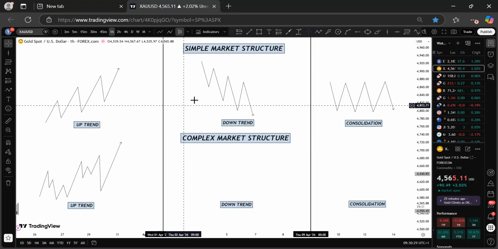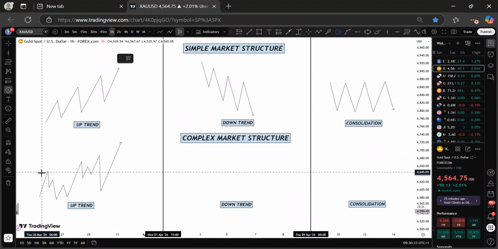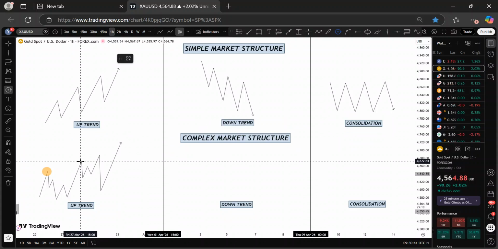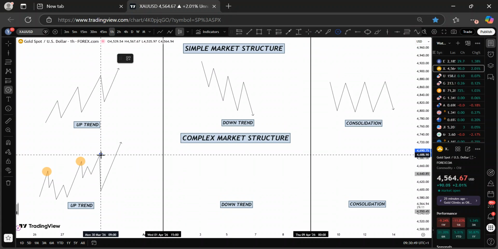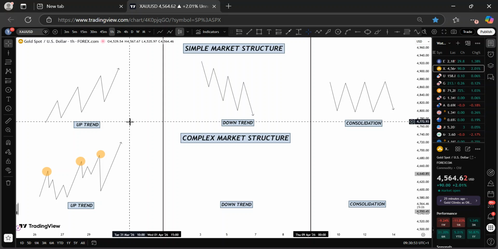But pay attention. What I want you to note are the notable highs that always take out the previous ones. Pay attention closely. That's why we call it complex market structures.